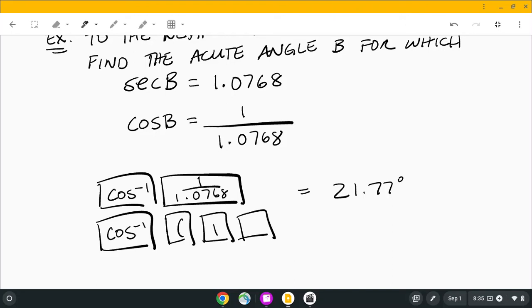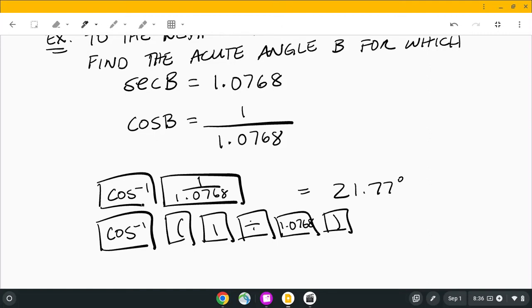So 1 divided by 1.0768, and then your close parentheses. This is a left hand parenthesis, and this is a right hand parenthesis. Make sure you're telling the calculator that you want to take the cosine inverse of all of this in here. Then check to see if you now get 21.77 degrees.